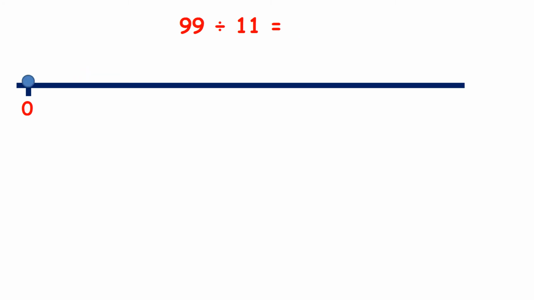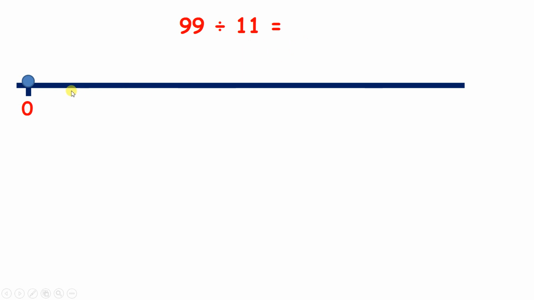So what is 99 divided by 11? Well, if we know that 9 times 11 is 99, we know that 99 divided by 11 must be 9.